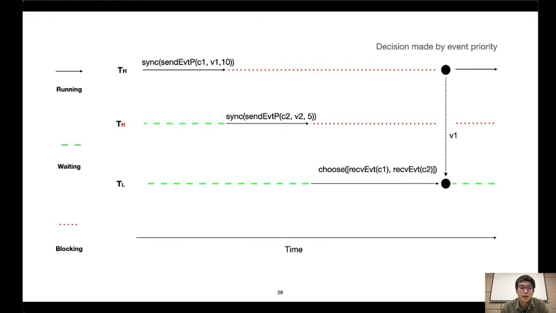We can see this send event has a priority of 10, and this one has 5. 10 is greater than 5, so we will pick the first pair. The high priority thread on the top gets unblocked, and it's running again. So this is the example applying our tiered priority scheme.